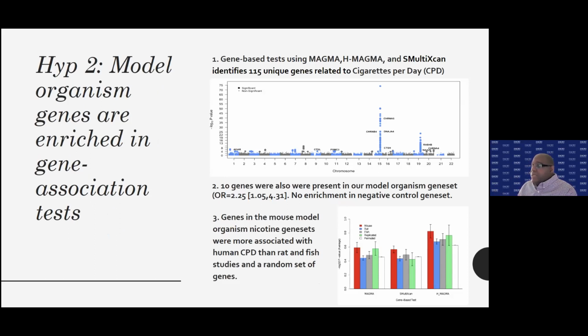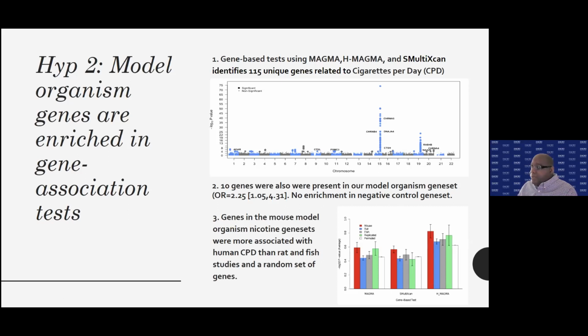In doing so, we conducted a gene-based test across the entire sample, all 123,000 individuals, and identified 115 unique genes associated with cigarettes per day. 10 of these were also present in our model organism gene set, and 8 of them came from a study that investigated chronic nicotine self-administration in 5 brain regions using 2 different strains of mice.